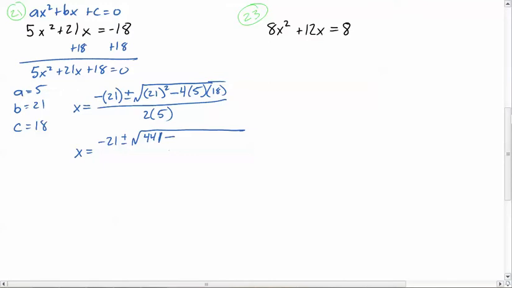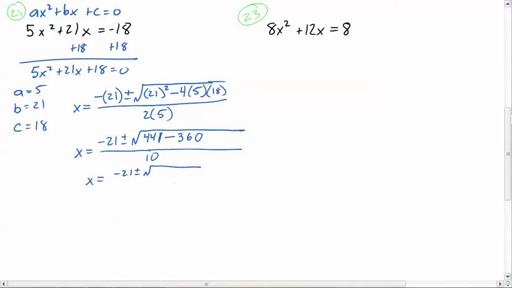Minus, now I've got 4 times 5, which is 20, and then 20 times 18 is going to give me 360. Now that one I do know because I'm a genius. I'm just kidding. Okay, 2 times 5 is 10. All right. X equals negative 21 plus or minus the square root of 441 minus 360.